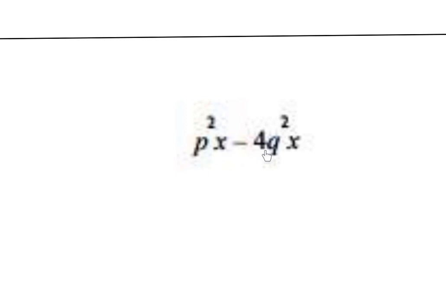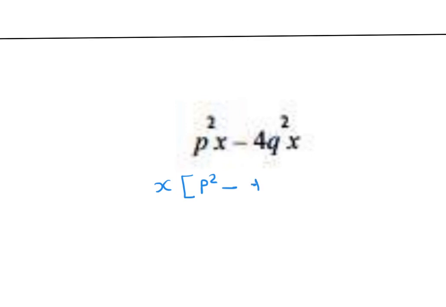The first step to factorize is to check for the highest common factor. Extract the common factor. Do we have a common factor? We have x common: this is x to the power 1, this is x to the power 1. So extract the common factor, which is x. Now bracket: x times what equals b squared x? So times b squared. x times what equals 4q squared x?